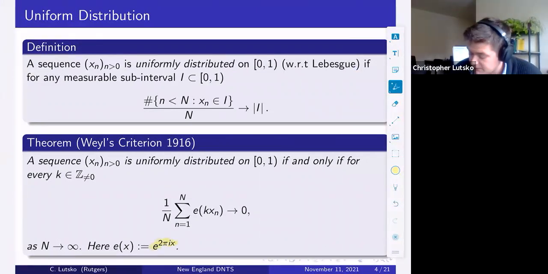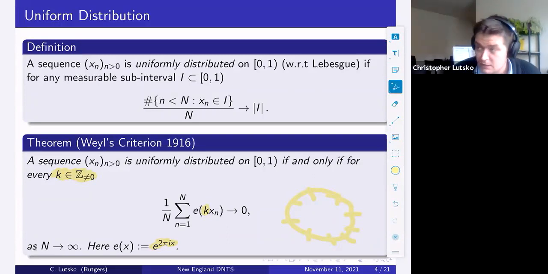Throughout the talk, e(x) is going to be e^{2πix}. So I look at how these points distribute on the complex circle, and I want that average to converge to 0. But I'm also going to include a dilation k for any integer k, and for any integer k, I want that average to converge to 0.